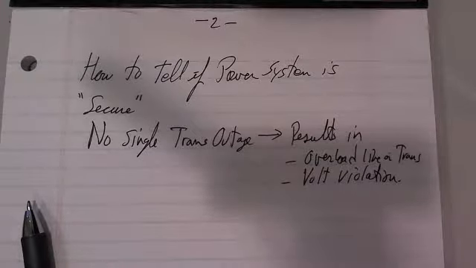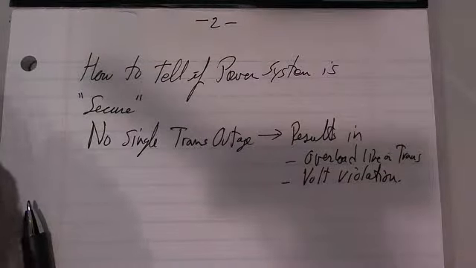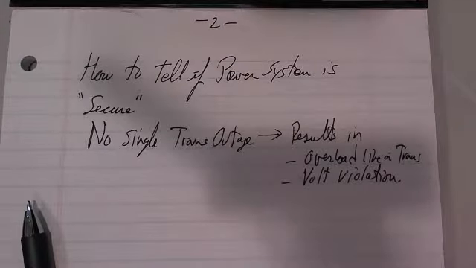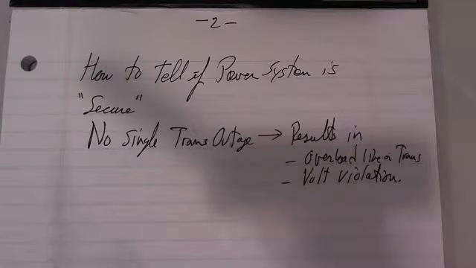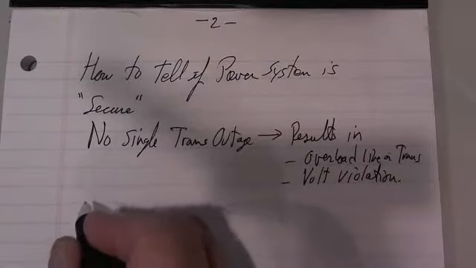So the best way then to provide reliability is redundancy, and redundancy simply means that you're overbuilding it to some extent. Overbuilding means you have extra transmission lines. We'll see this in a minute.